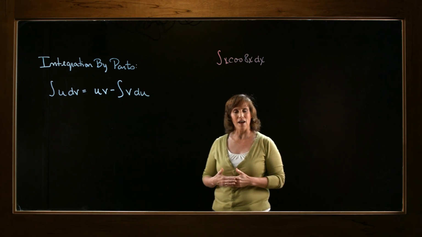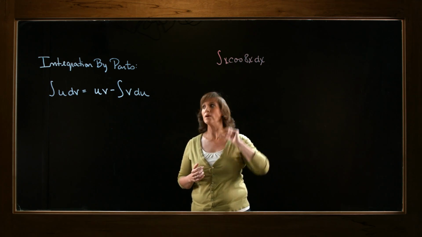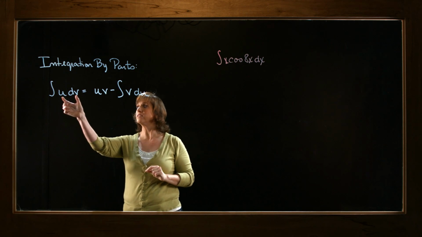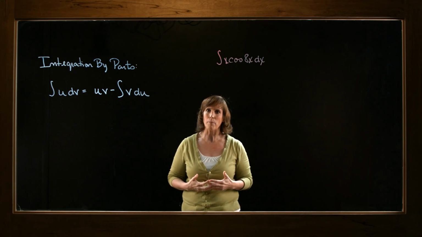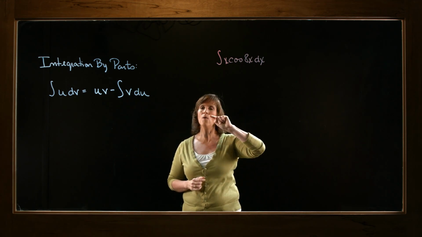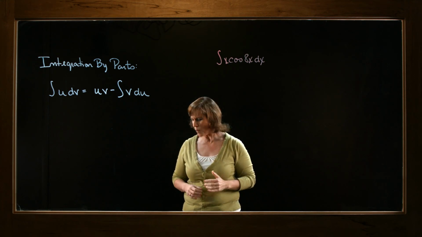So once I've settled on that technique, I need to determine which factor is going to be the u and which is the dv. Because in integration by parts, I need to look at a product, u and dv. Well, I have a couple of different choices. I could let the u be the x, or I could let the u be the cosine of 8x. So let's try one.